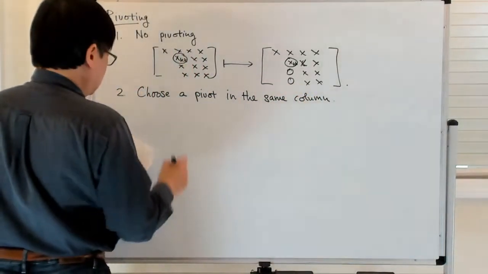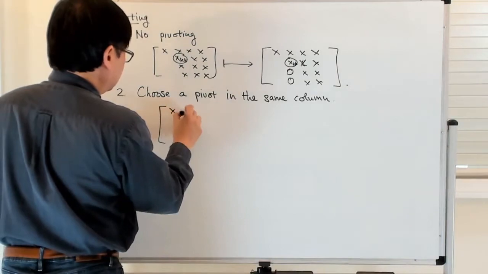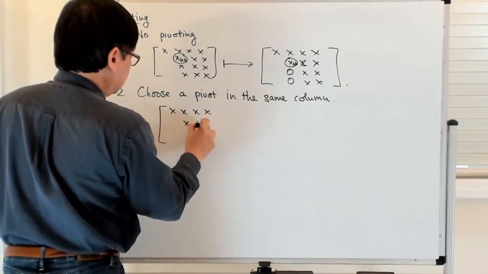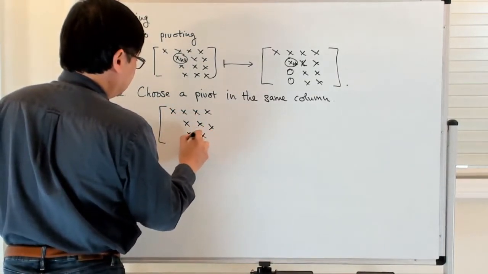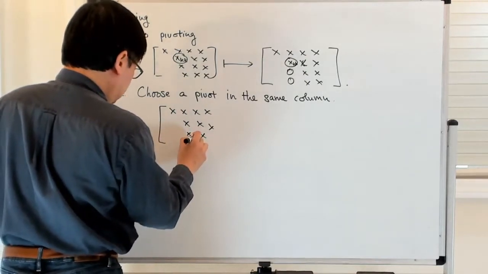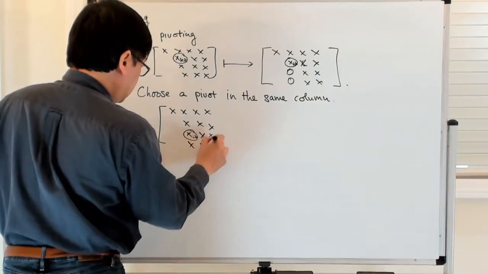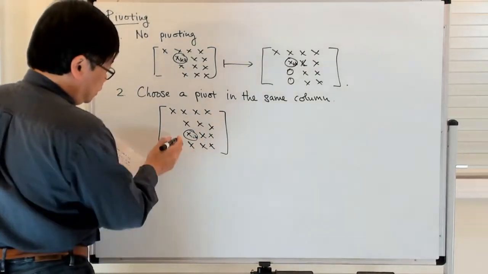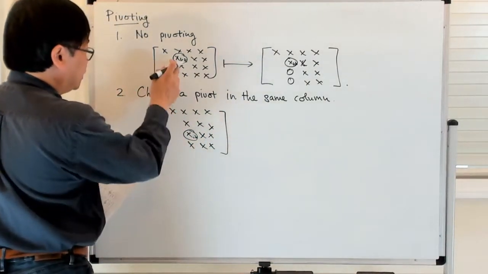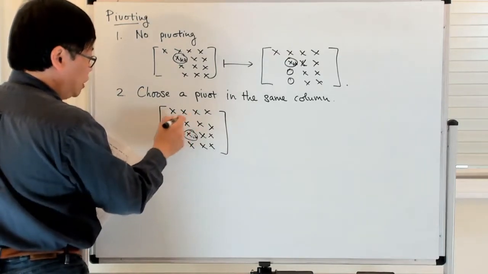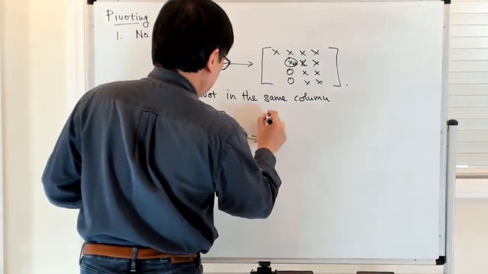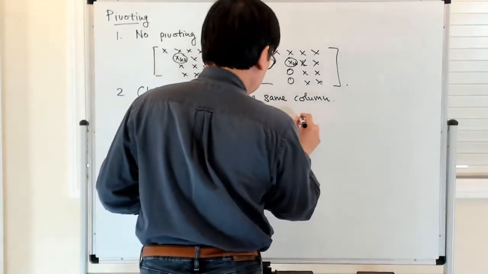Which might look like the following. So you might use this entry instead of the one here, which is what you would normally do, and then you would transform it in the following way.